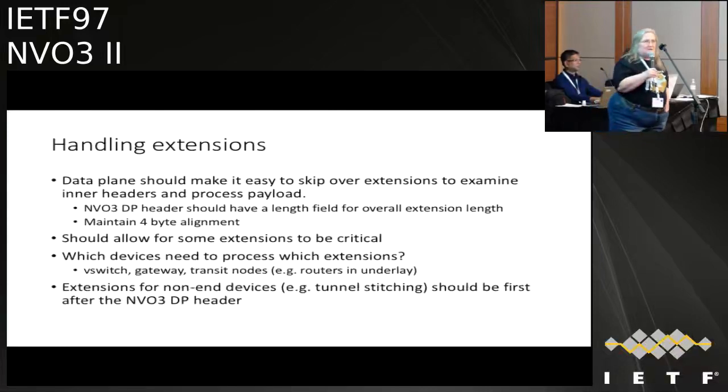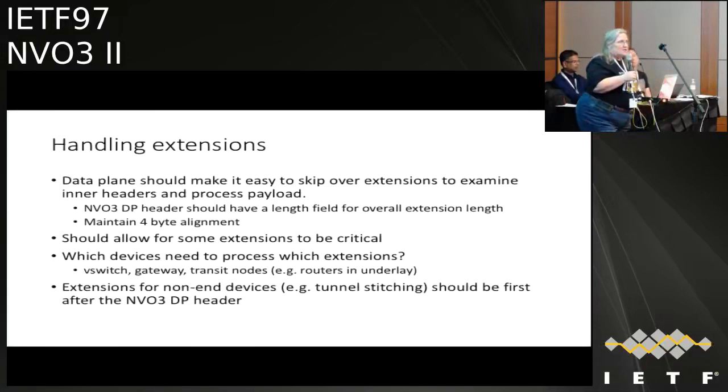We talked a bit about what devices need to process some extensions, and are the extensions just there for the end nodes, or the NVEs, or are they there also for things like the vSwitch and gateway and transit nodes? There are some examples of extensions that may be there to help the non-end nodes.